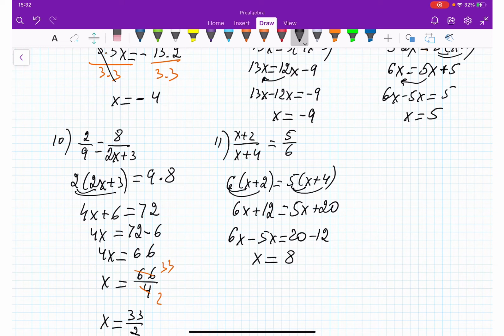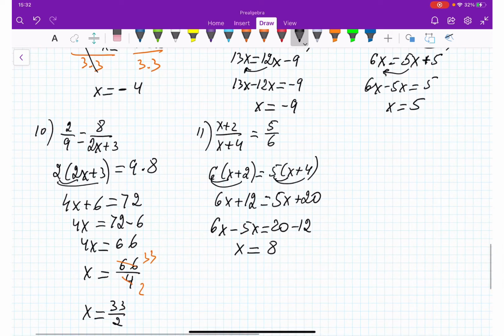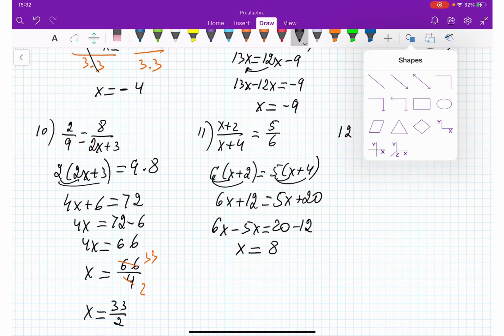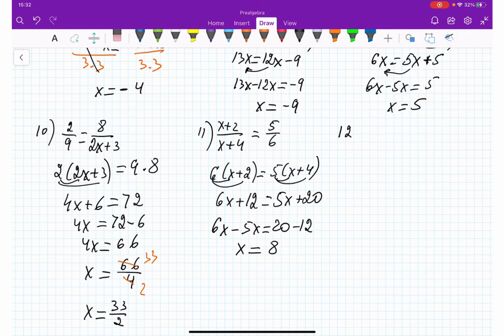Okay, here we have a table. All right, let's see what kind of table it is going to be. Question number 12. We need to complete this table. Let's see. So, moving up here. What do we have?